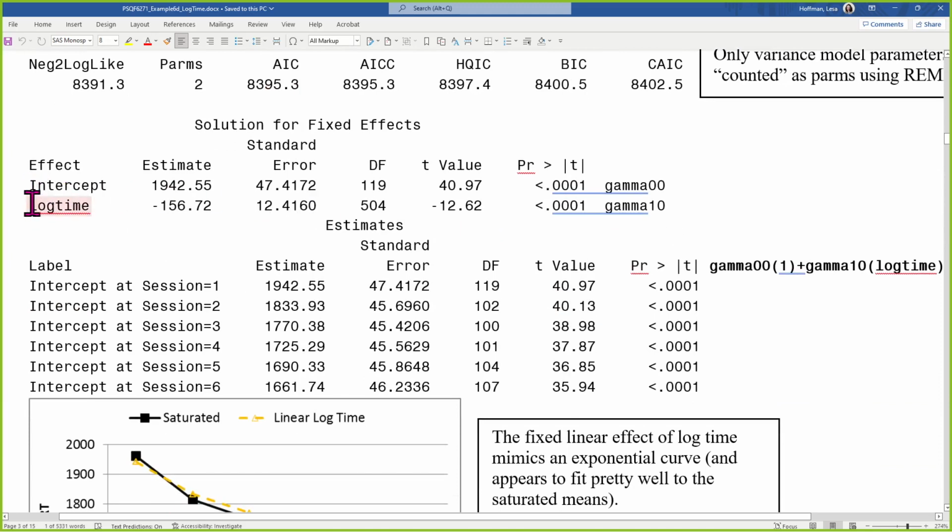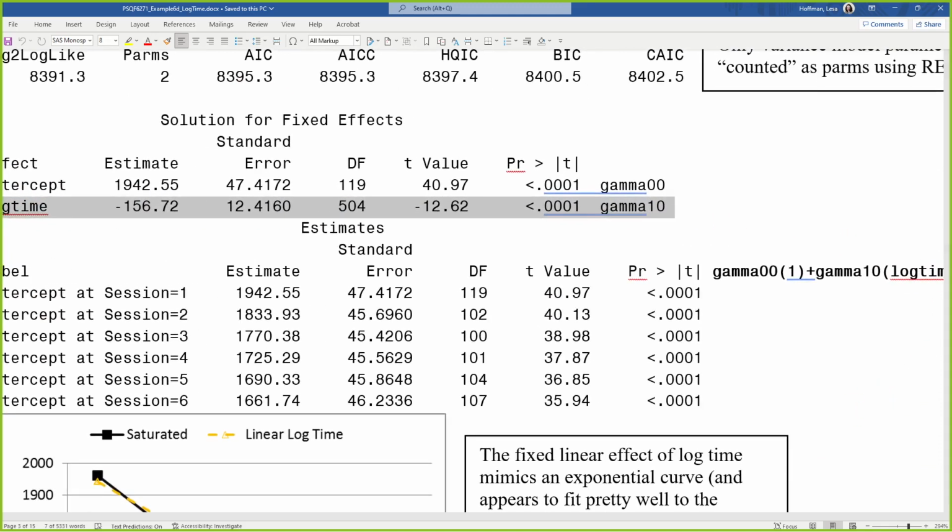Survey says, does log time help our model as a fixed effect? Yep. And do I have to do a likelihood ratio test or any of that? Or can I just stare at this p-value? Just stare at it? Sound like a plan? Could I have done a likelihood ratio test? Let me phrase it that way. Using REML, which is what I'm using.